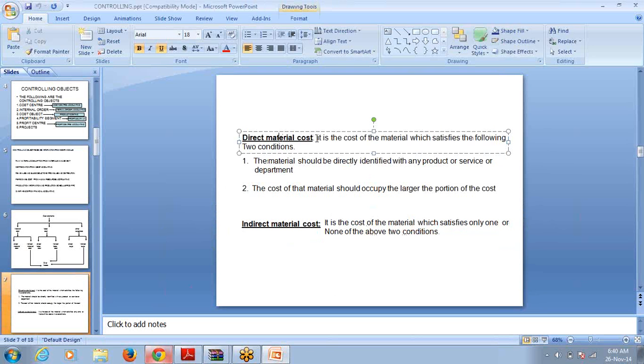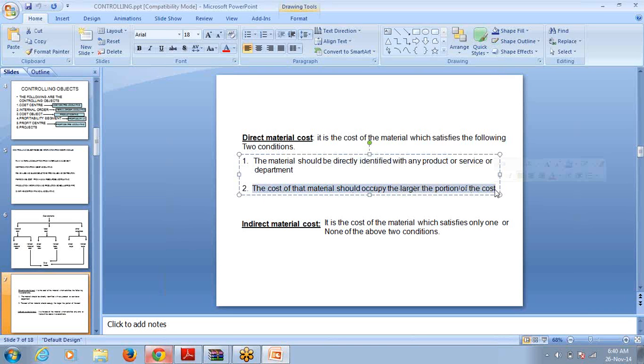Direct material cost is the cost of the material which satisfies the following two conditions. Number one, the material should be directly identified with any product or service or department. Number two, the cost of that material should occupy the larger portion of the cost.